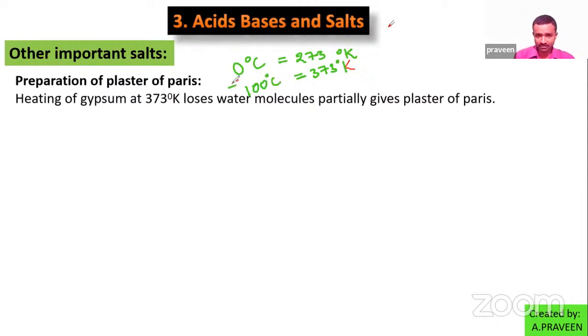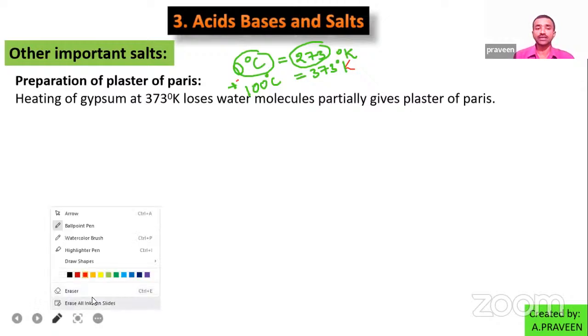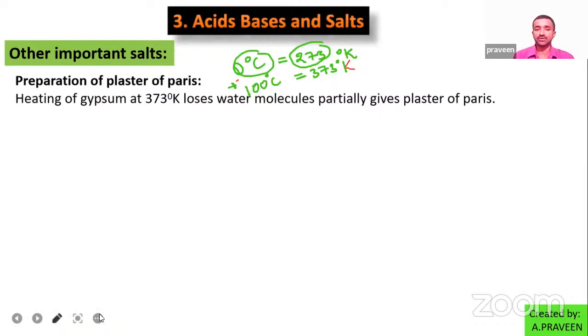So by adding 100 to this one, I'm getting this relation on both sides. So 100 degrees Celsius is equal to 373 degrees Kelvin on the Kelvin scale. This is the relation we have.